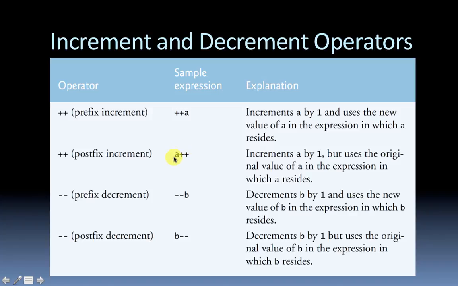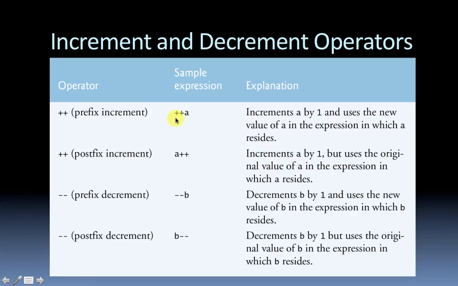And if you use these in standalone statements, the effect is identical, simply adding 1 to the corresponding variable. In the next video, we'll take a look at a program that demonstrates the differences between these two expressions when you combine them into larger statements and expressions.